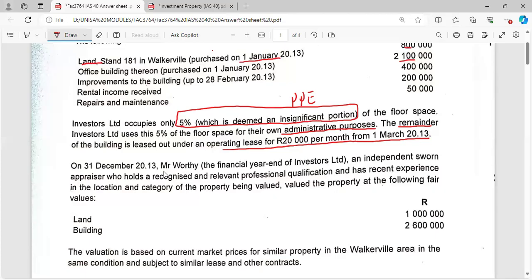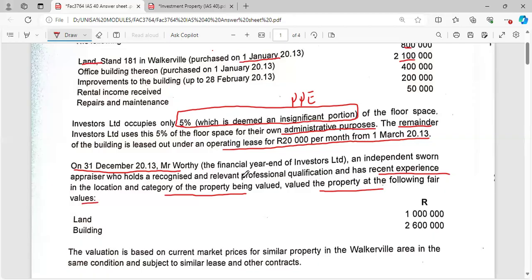On 31 December, towards the financial year end, an independent stone appraiser who holds a recognized and relevant professional qualification and has recent experience in the location and category of the property being valued the property at the following fair values.